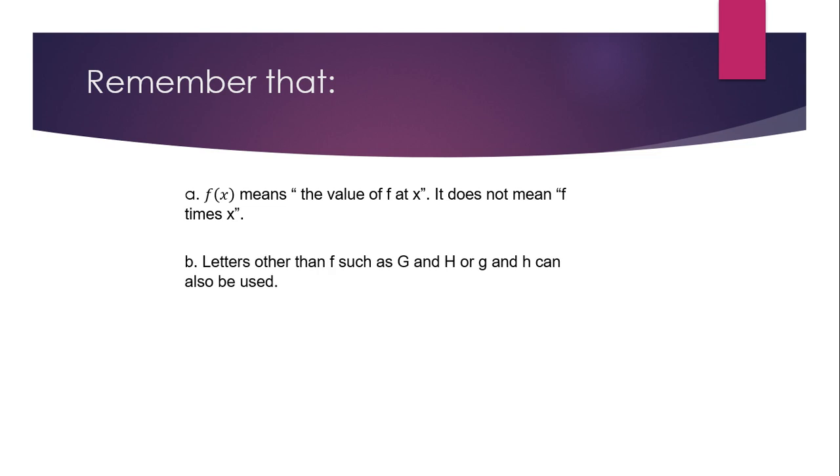Letter B, letters other than f, such as capital G and capital H, or small letter g and small letter h, can also be used. Then letter C, f is the name of the function, and f of x is the value of the function at x. So those are reminders for you to remember.